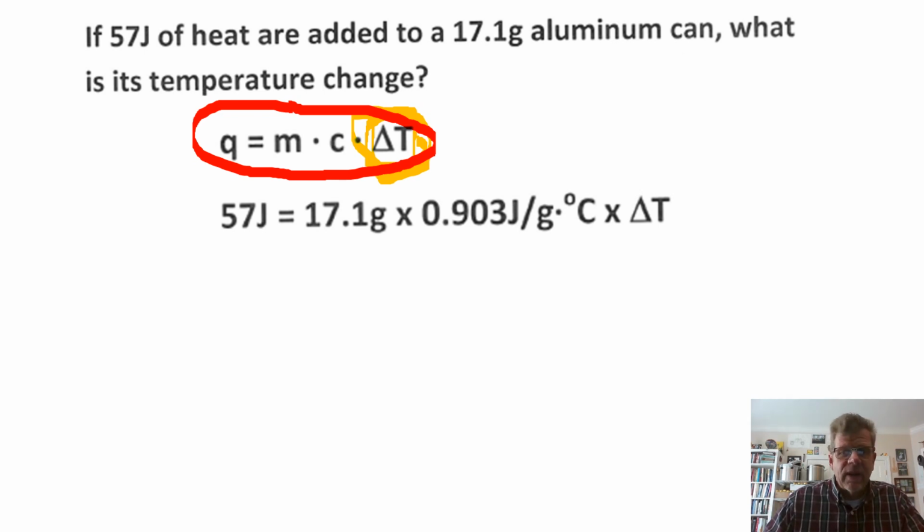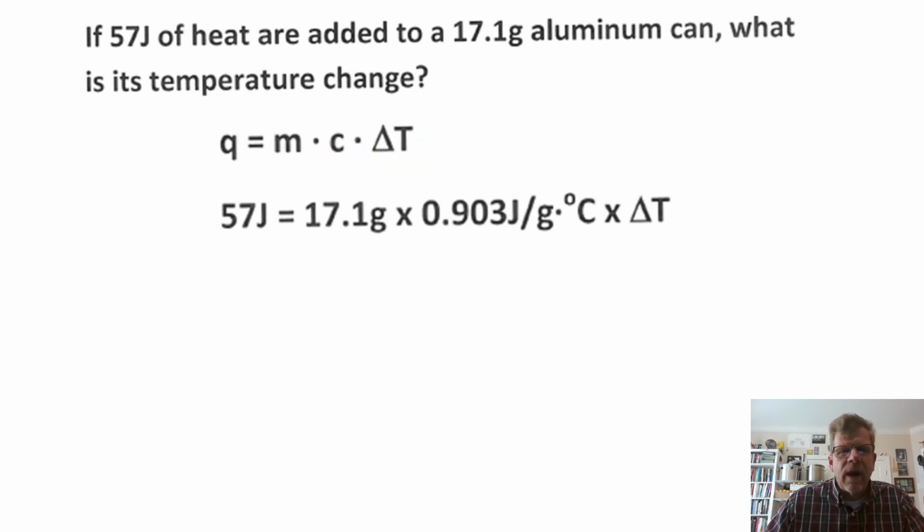So we're basically going to, if we're looking for the change in temperature, delta T, that means that the three other terms, heat capacity, mass, and heat, must be either made available in the question, or they must be something that we can look up. And indeed they are. In the question itself, it gives 57 joules as Q. So we put that in there.